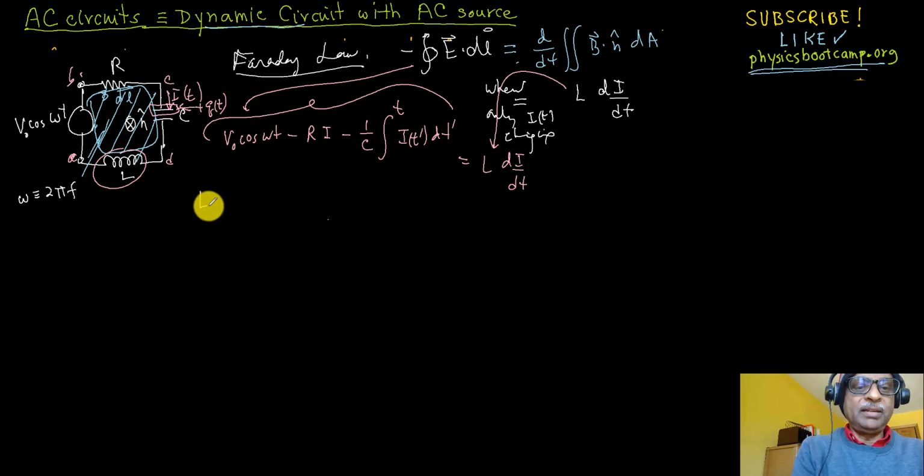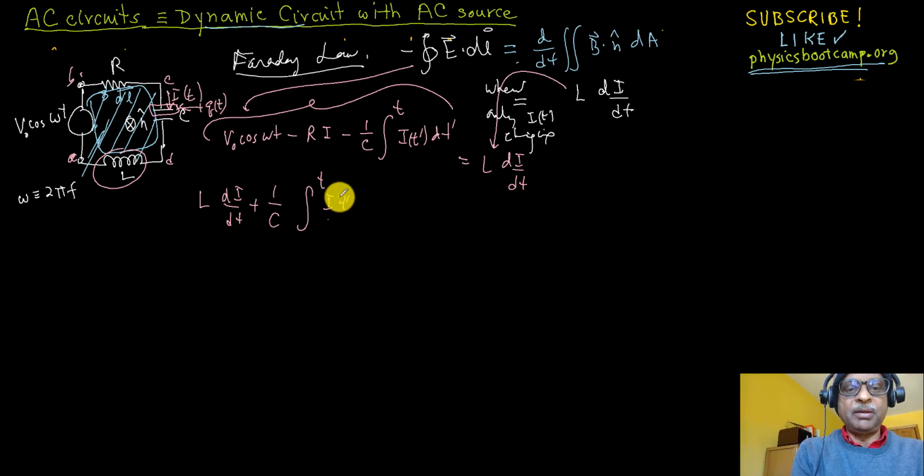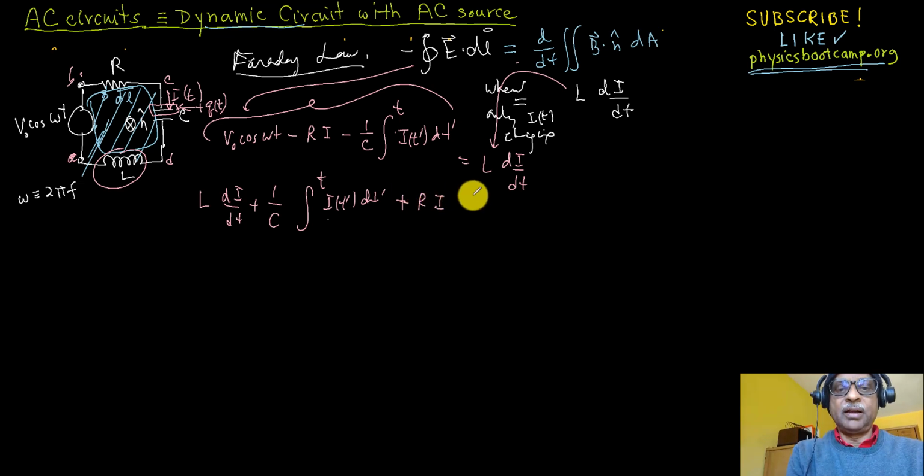We have L di/dt plus 1 over C integral of I(t') dt', t' is a dummy variable, plus Ri is equal to V0 cosine omega t.